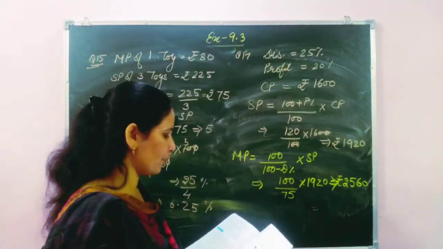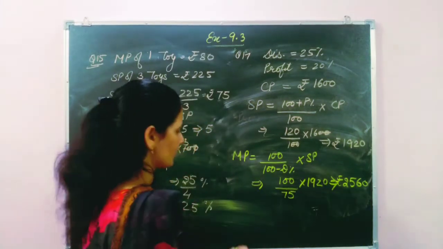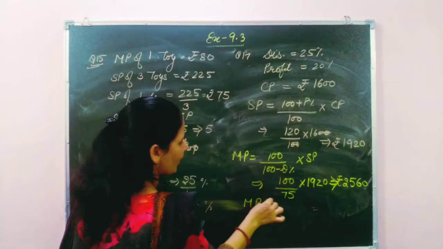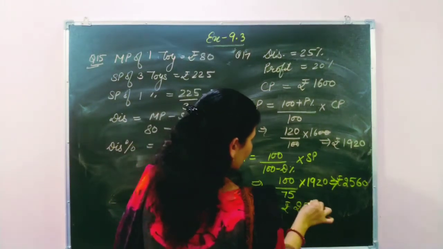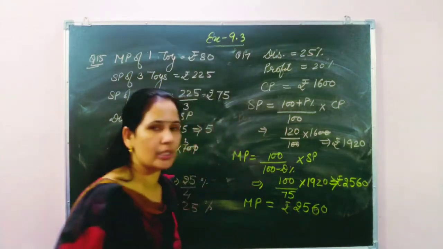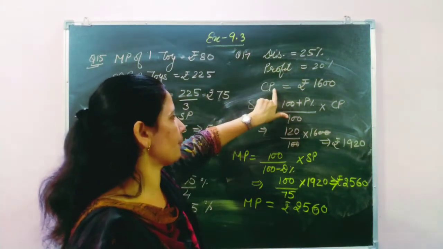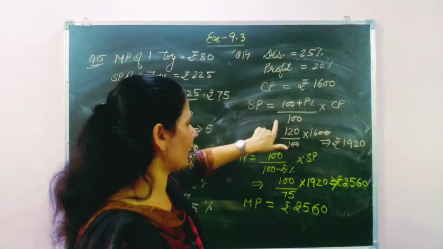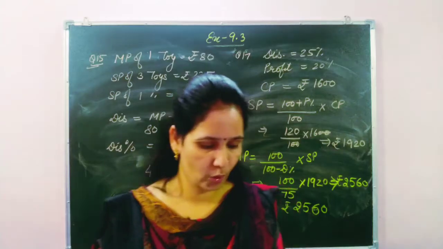So the mark price of that wristwatch is rupees 2560. What we did in this question: first by using the CP we found the SP, and by using the SP we found the mark price of that wristwatch.